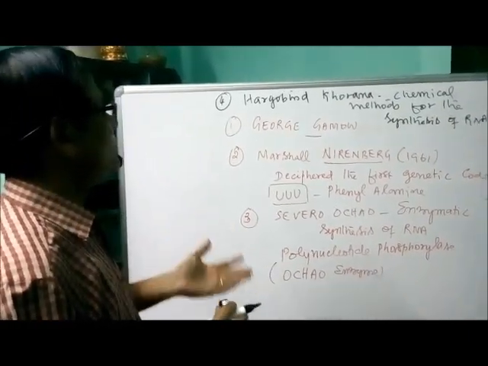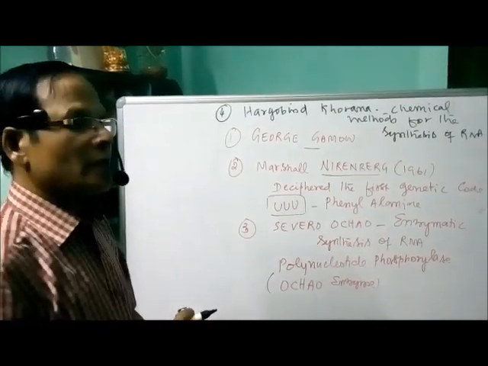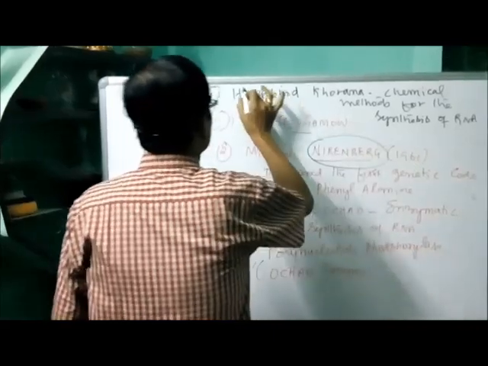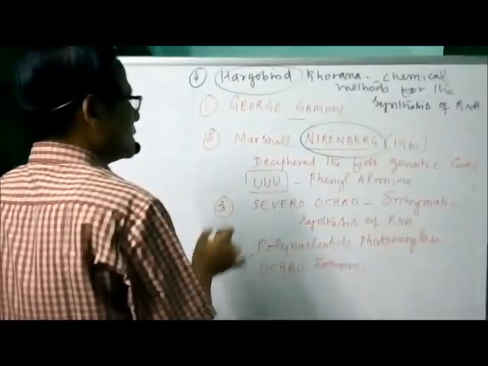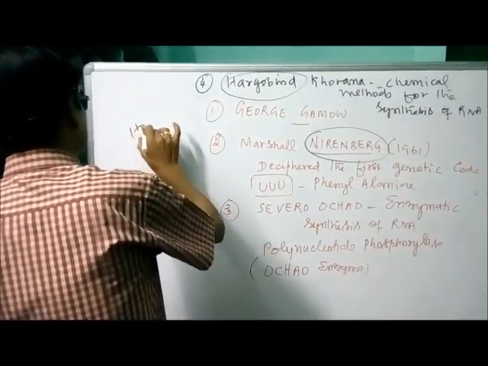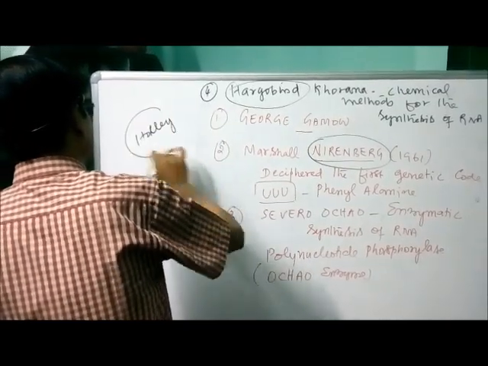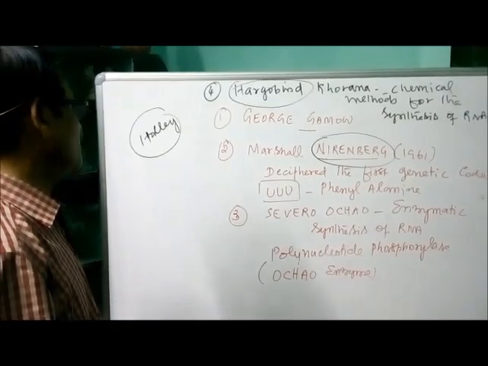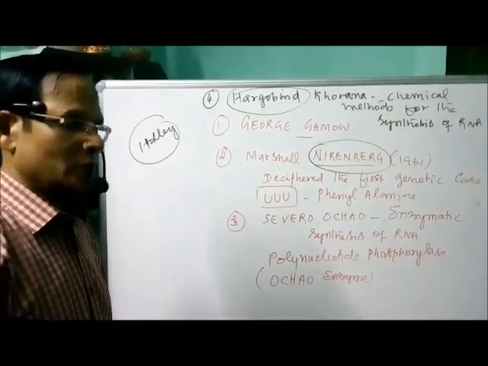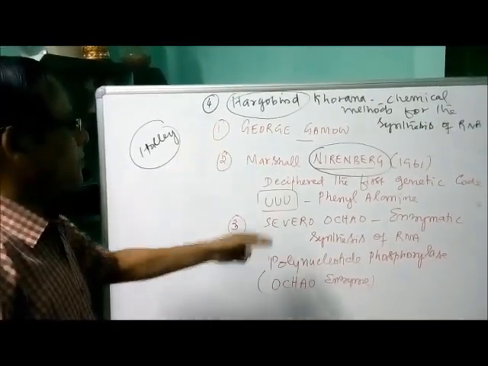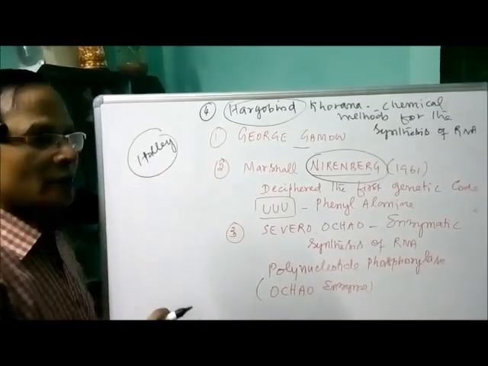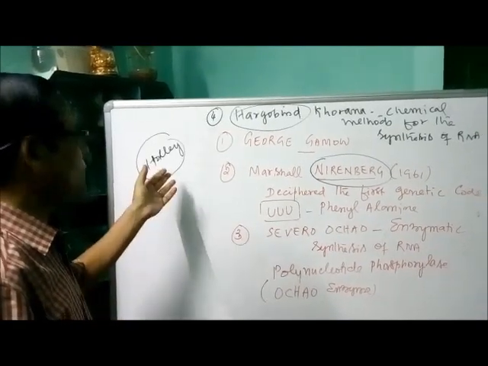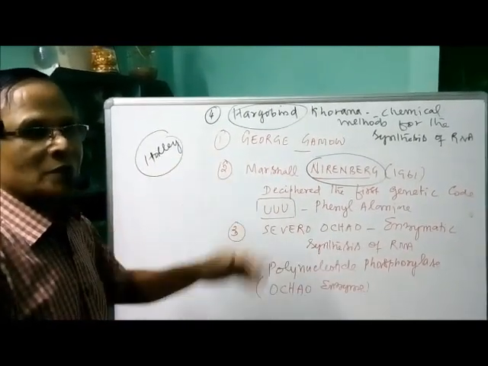Because of their work, Nirenberg, Khorana, and also Holley, the one who proposed the cloverleaf model of tRNA along with the anticodon, were awarded the Nobel Prize for their contribution to the genetic code, the anticodon, and the structure of tRNA.